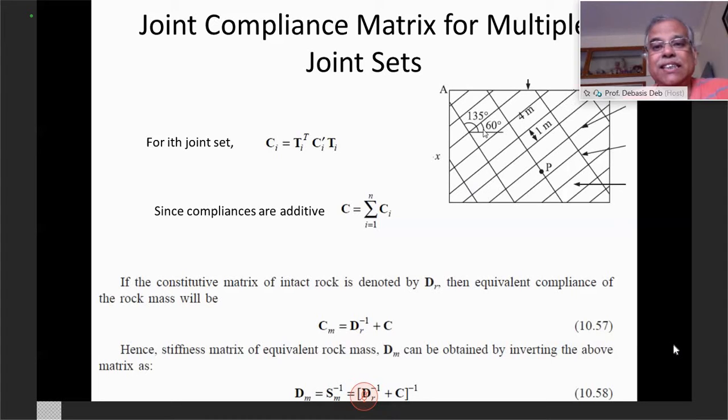Once this angle is given as 60 degrees, can anybody tell me, when you are making the matrix T, for this 60 degrees, will you use plus 60 or minus 60?